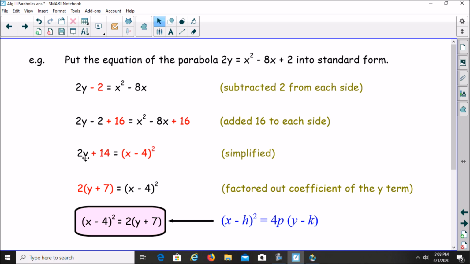Then we factor out whatever number is in front of y, so the coefficient of y. So on the left-hand side, I'm going to factor out a 2, and that leaves the quantity y + 7, which now we're really into the standard form. (x − 4)² = 2(y + 7), and that matches up to our standard form.